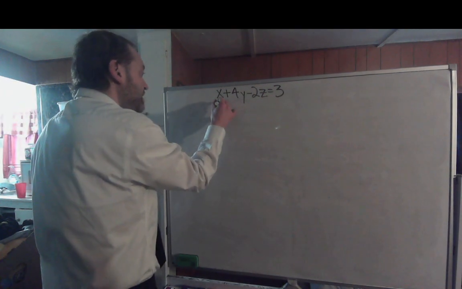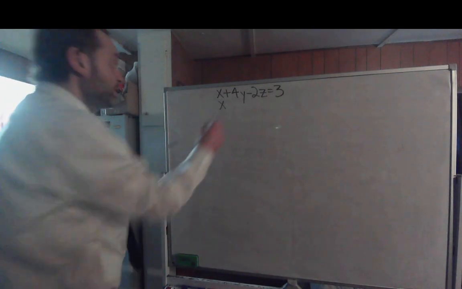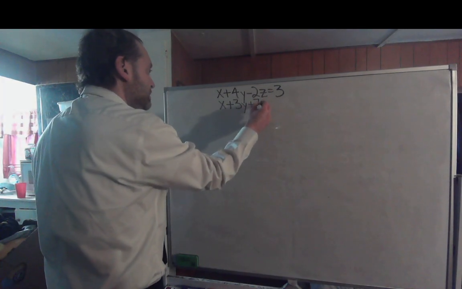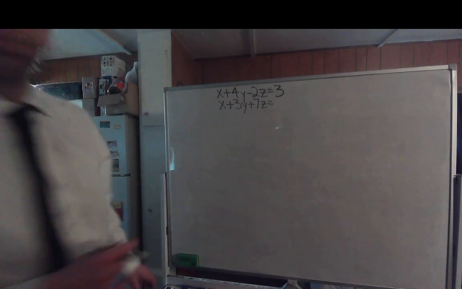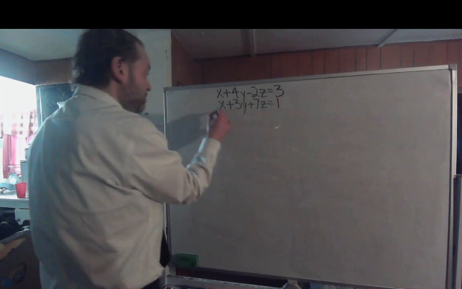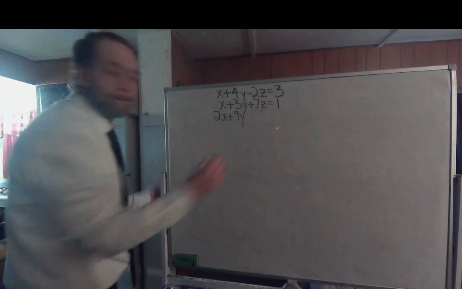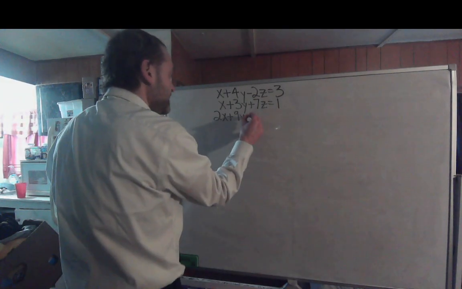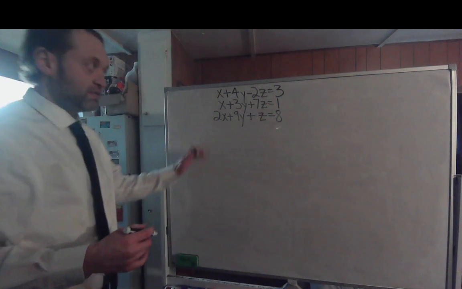We have x plus 3y plus 7z is going to be equal to 1. Then we have 2x plus 9y plus z equals 8. So there is our new system of equations.